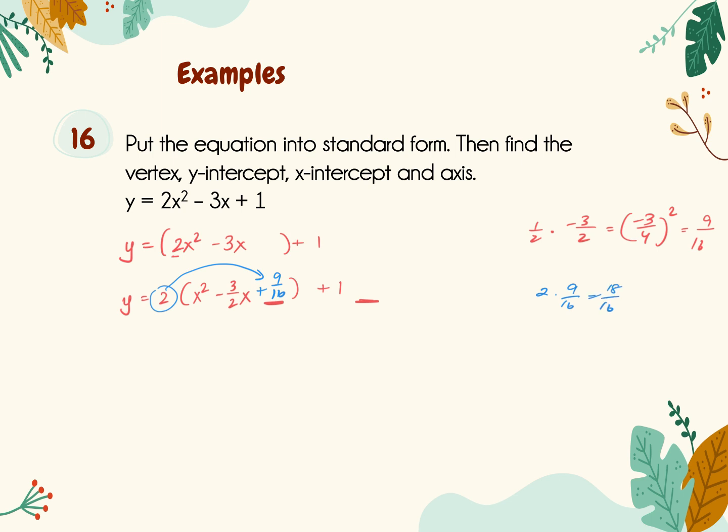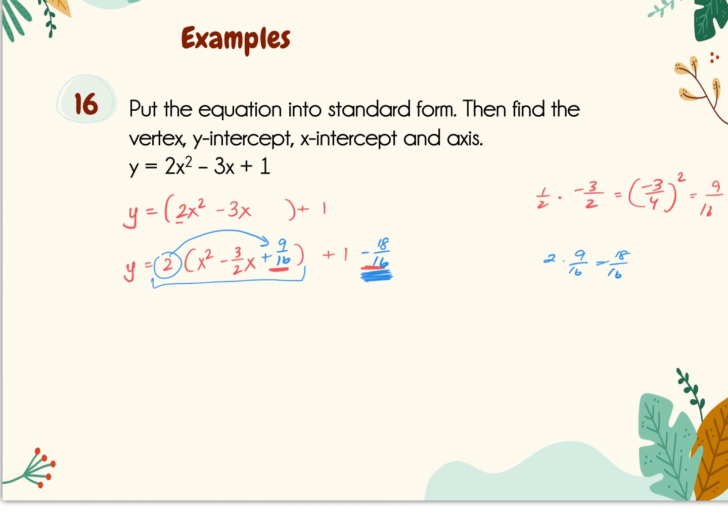So if I'm adding 18/16 to this part here, then I also have to subtract 18/16 over here. I have to be very careful when I factor something out. I have to remember that I factored it, and it's going to alter this value over here, because if I just do 9 over 16, I'm not subtracting the exact same thing.